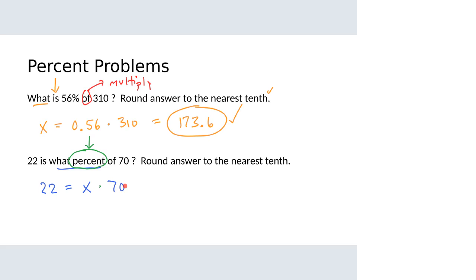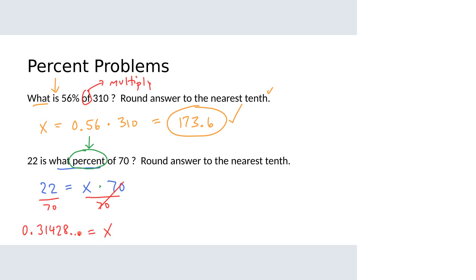Now for this one, I do have to do a little algebra to get that X by itself. We'll divide by 70 on the right, divide by 70 on the left. These will cancel, leaving X. And on the left-hand side, I have 22 divided by 70. 22 divided by 70 is going to be 0.31428, and that keeps going.